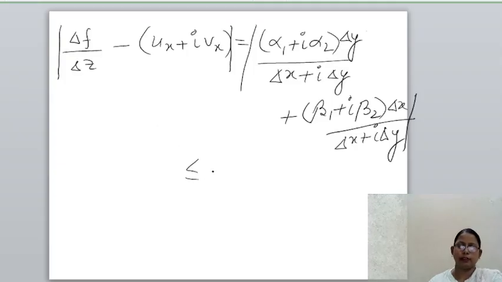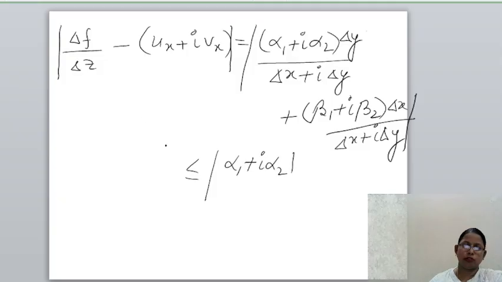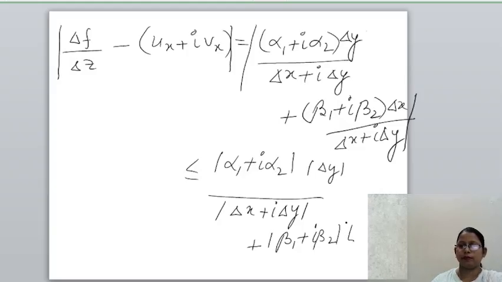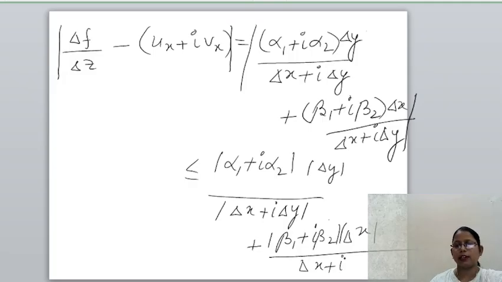In the next step, it will be less than or equal to modulus of alpha 1 plus i alpha 2, then modulus of delta y by modulus of delta x plus i delta y, plus modulus of beta 1 plus i beta 2, modulus of delta x by modulus of delta x plus i delta y.